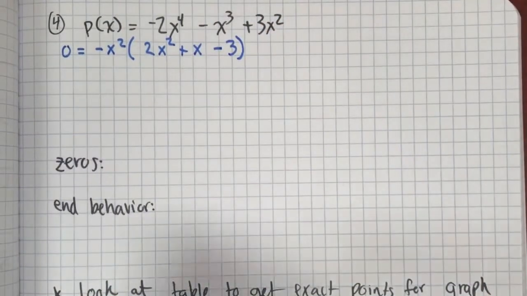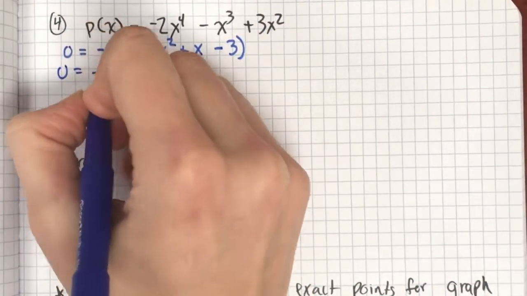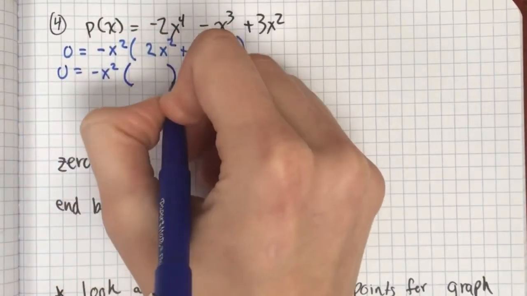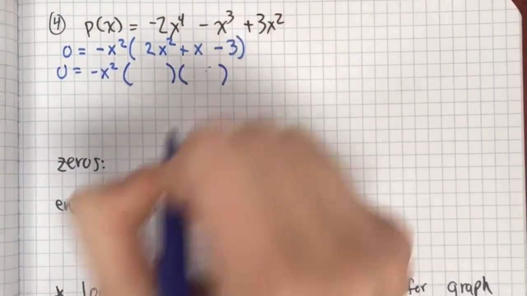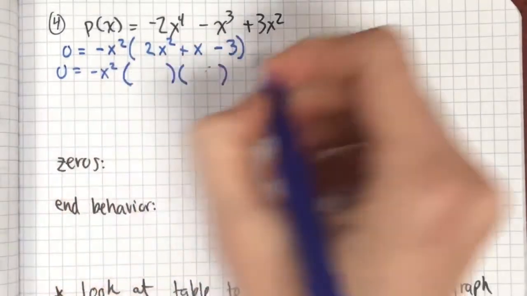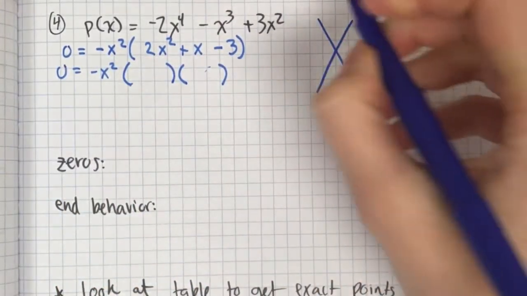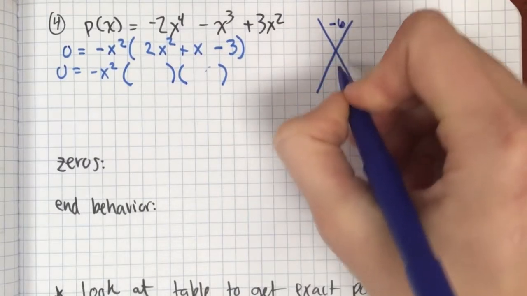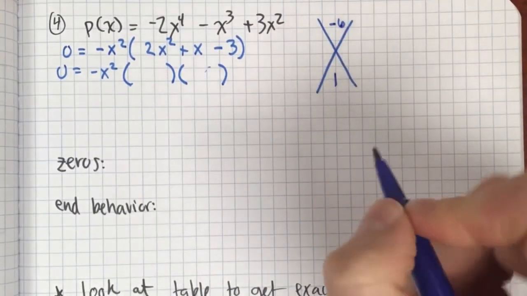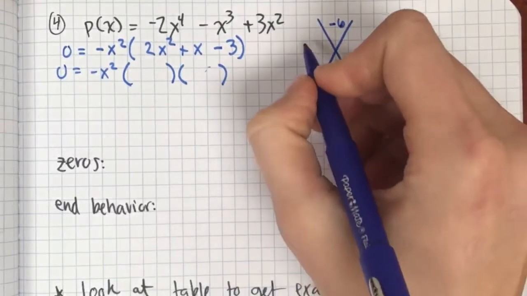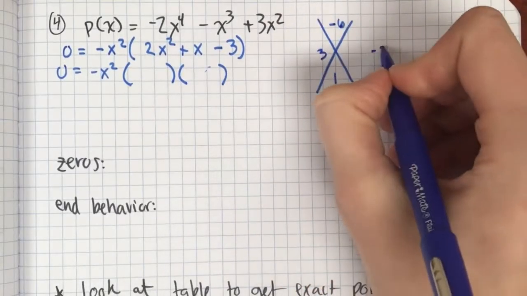All right, and from there we can factor even further: 2x squared plus x minus 3. Remember, we can do our little x factoring. We're trying to multiply to -6 and add to 1. So that's going to be 3 and -2.